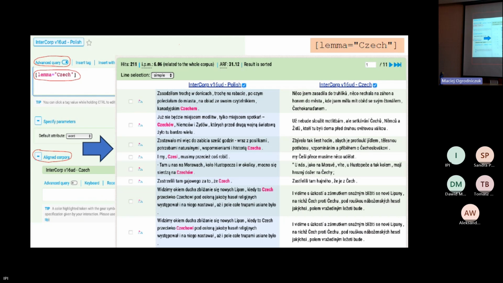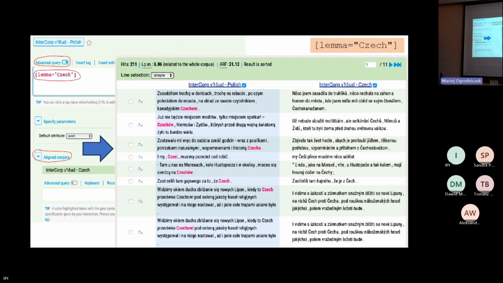If you pick the Czech corpus as the aligned corpus, you have the keyword in context here, different forms of Czech, and here you have the translation in Czech, or the original in Czech translated in Polish, and now you can even do something that will try to match the equivalent of the keyword.